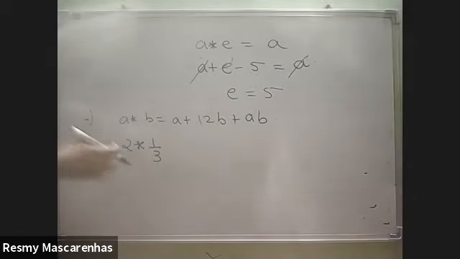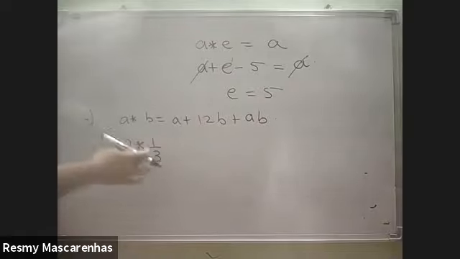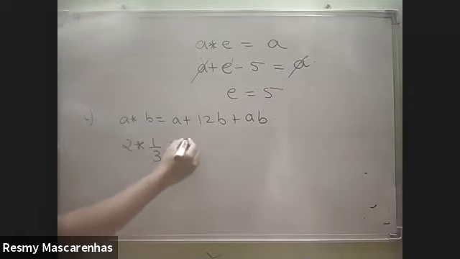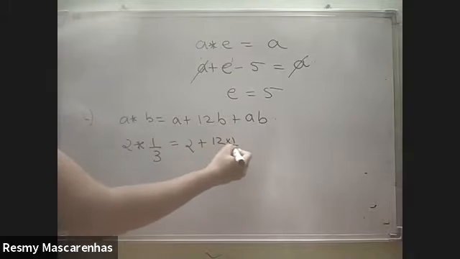You have to find 2 star 1 by 3. Okay, so instead of A, you have to just put 2, and instead of B, you have to put 1 by 3. So just put the values accordingly and find the answer. So A star B is this, then what is 2 star 1 by 3 they asked. So instead of A, put 2, and instead of B, put 1 by 3.